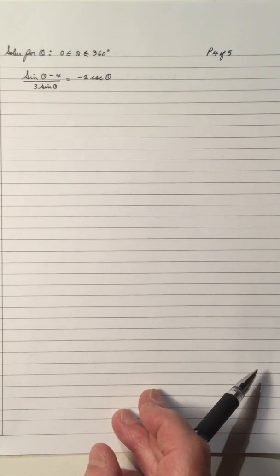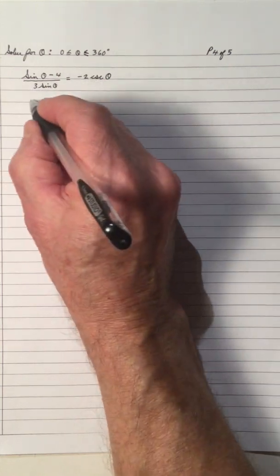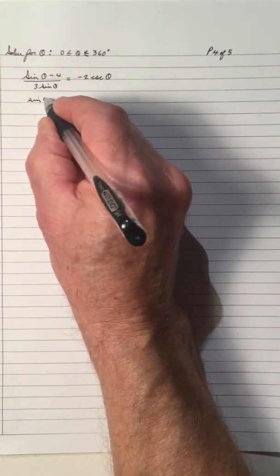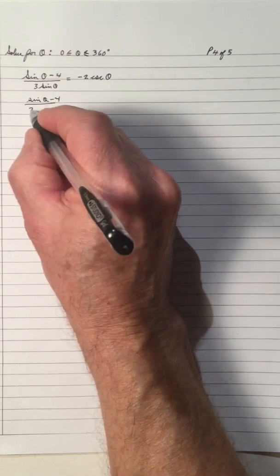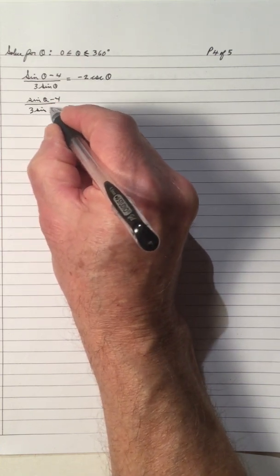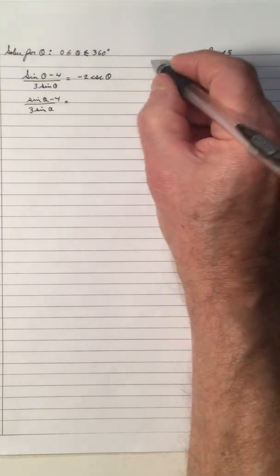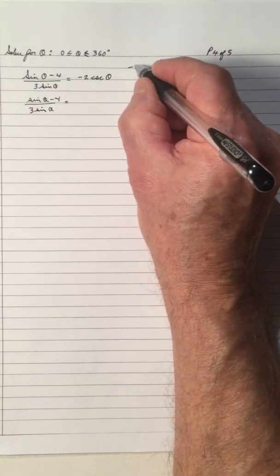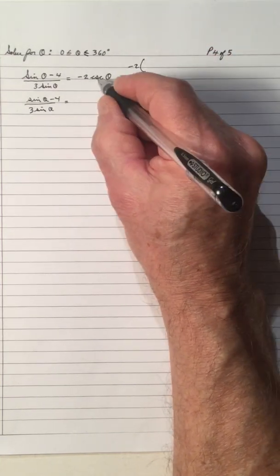Okay, let's continue. Let's see, we have sine theta minus 4 over 3 sine theta. And notice we have -2 times cosecant.